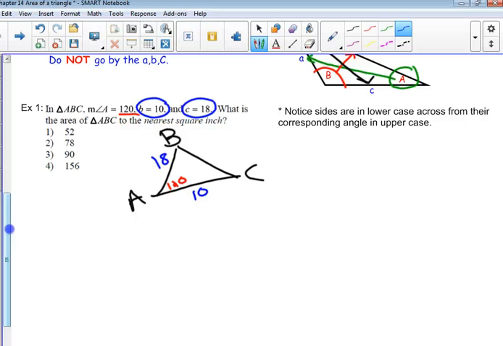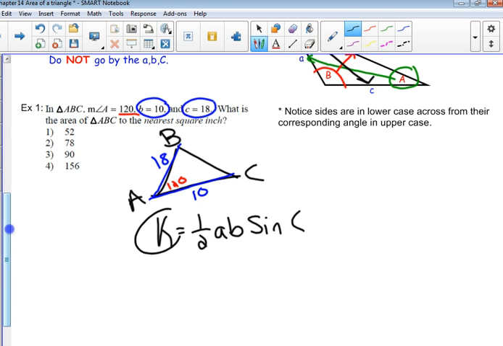This is why it's important to draw it, because eventually you're going to get problems where they might give you sides that aren't the two sides that form 120. So you want to draw your picture to make sure. So 18 and 10 form my angle. So when you use your formula, you have K equals 1/2 AB sine of C. K is the area.